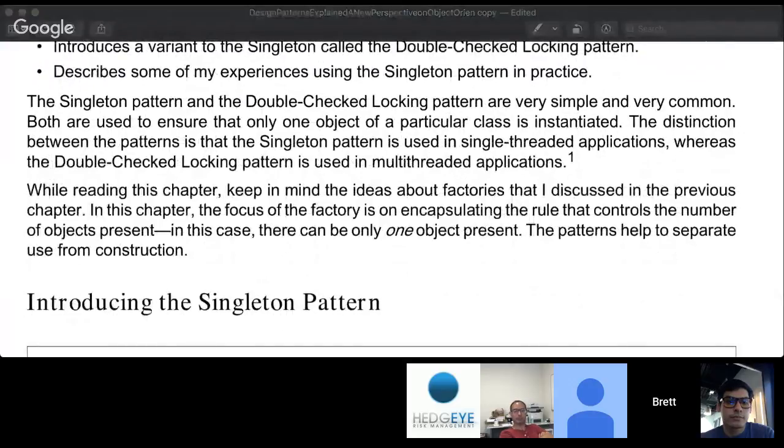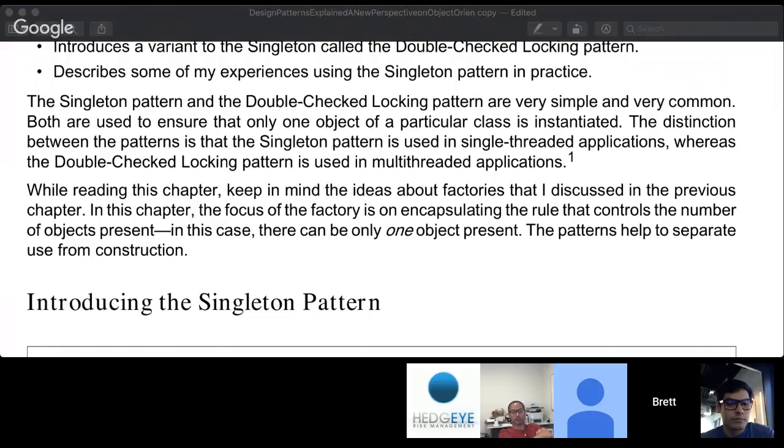The singleton pattern and the double-checked locking pattern are very simple and very common. Both are used to ensure that only one object of a particular class can be instantiated. The singleton pattern is used in single-threaded applications, and the double-checked locking pattern is used for multi-threaded applications. To tell you the truth, until I read this, I never heard of the double-checked locking pattern.